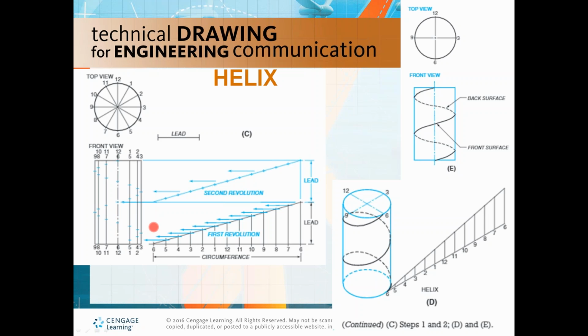To begin with this point system, you have to start with whatever this bottom point is. If you want to label this 6 as 12, then this point has to be 12. If this point is 5, then you label this 5 first, and continue this way, in a counterclockwise or clockwise direction.